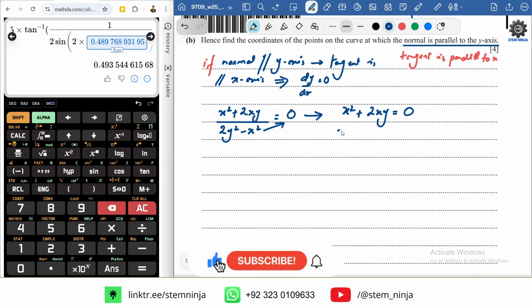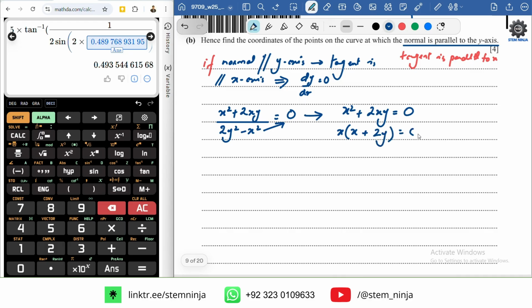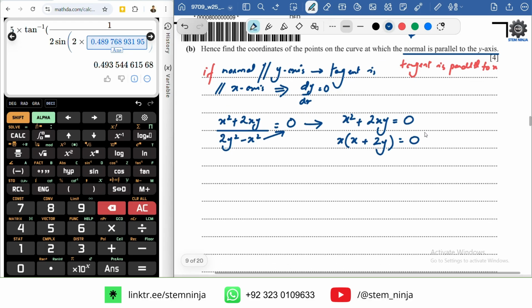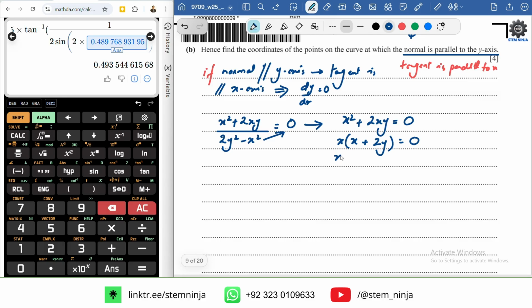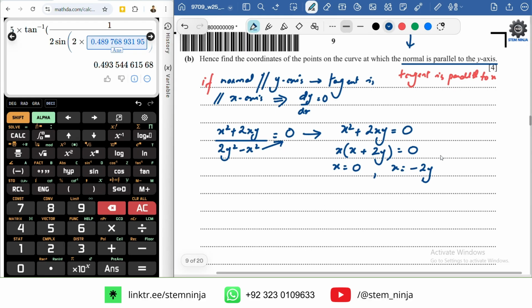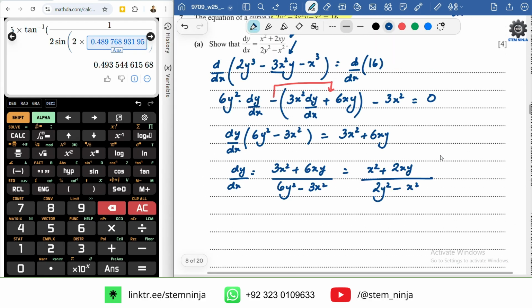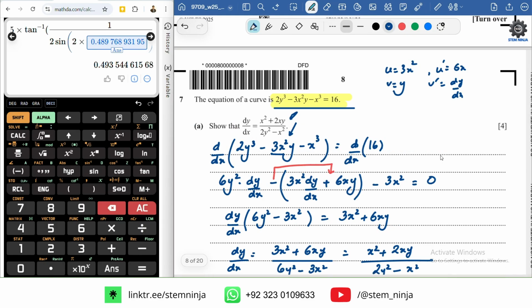So factorize this out. Either x equals 0, or x plus 2y equals 0, so x is minus 2y. Basically we can plug this over here to figure this out.